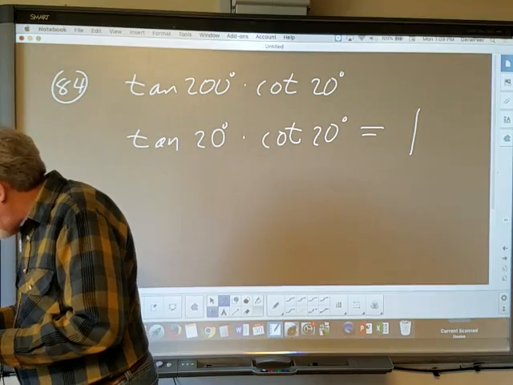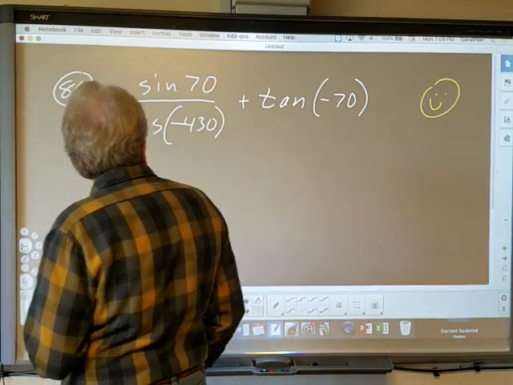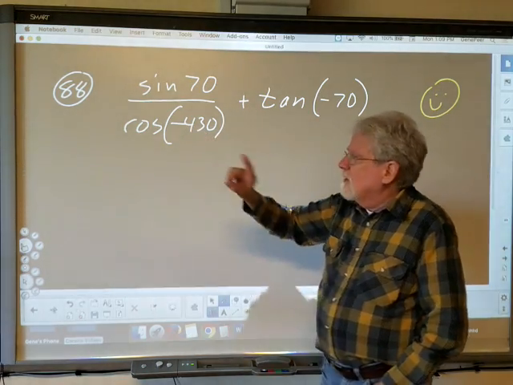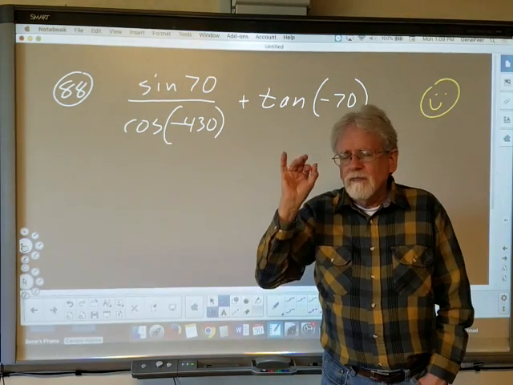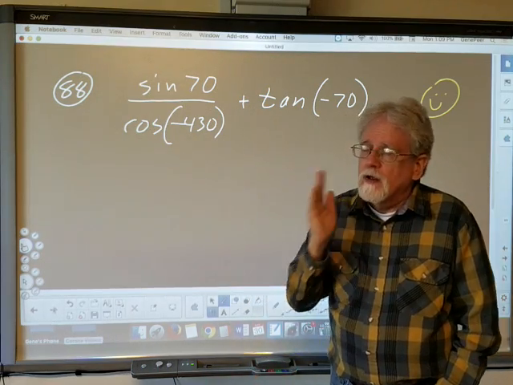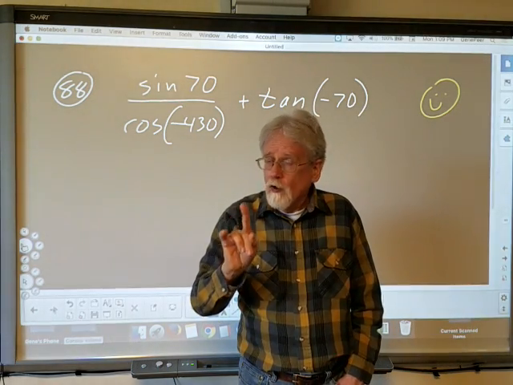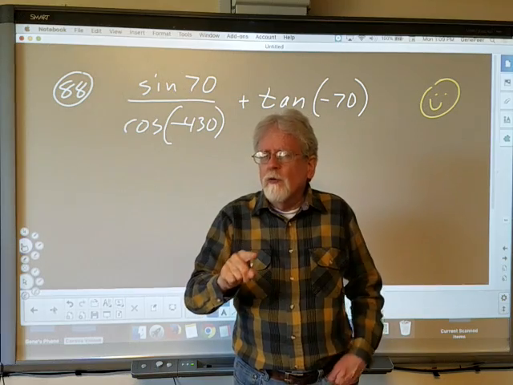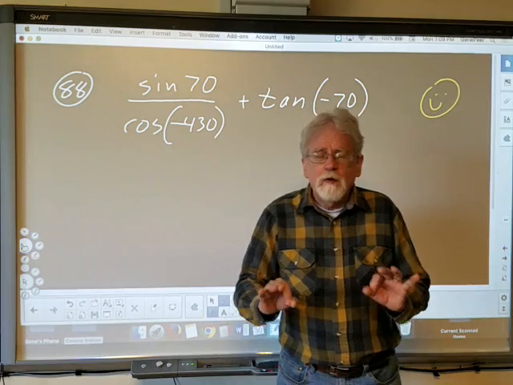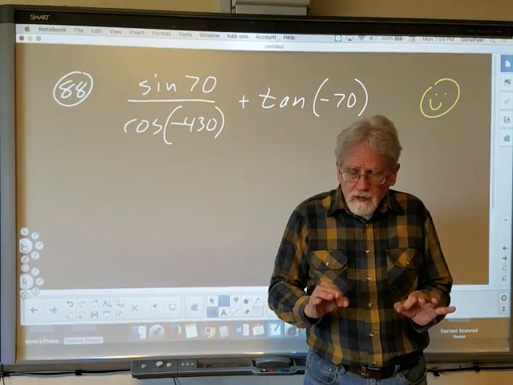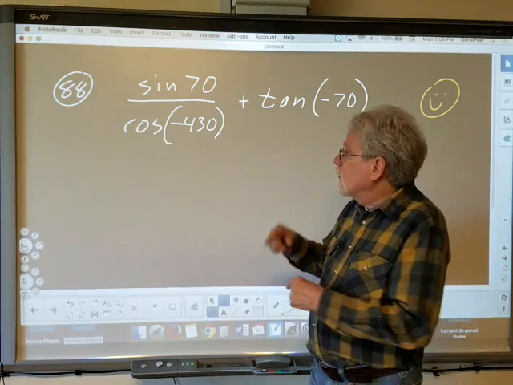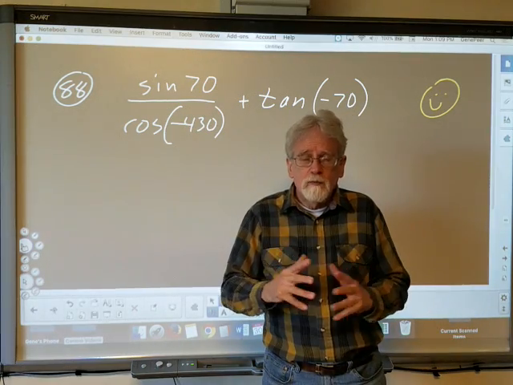And we move on to the last problem. Wow, we made it in record time here. All right, we need to fix this guy. Now remember, sine and cosine are also periodic, but sine and cosine have a period of 360, or 2 pi. So we can subtract out any multiples of 360, or any multiples of 2 pi.